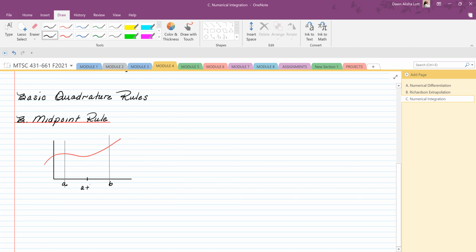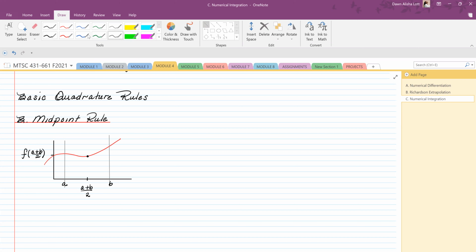A plus B over 2. And then go up here. That height is f of A plus B over 2.